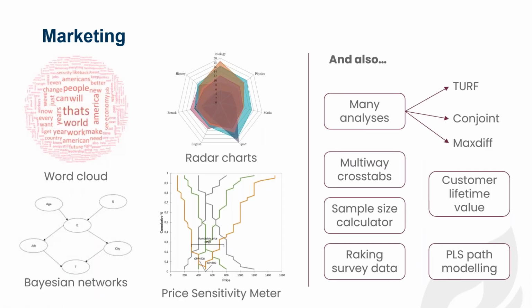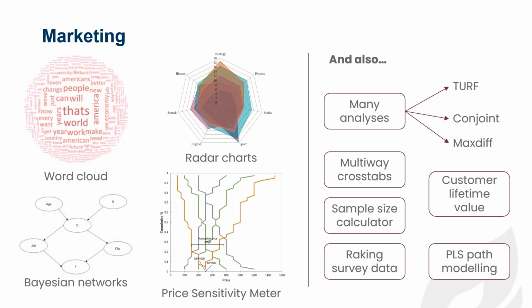Then we have marketing. Marketing helps you with word clouds, radar charts, which we've already seen, price sensitivity meters when you need to do some pricing analysis, Bayesian networks, and more, with TURF analysis, for example, which stands for, if I remember correctly, total unduplicated reach and frequency, something like this.